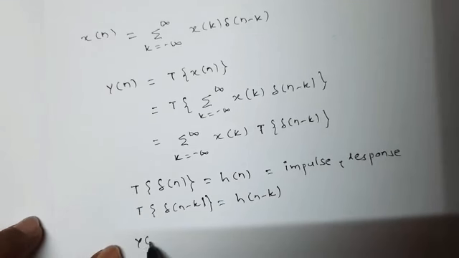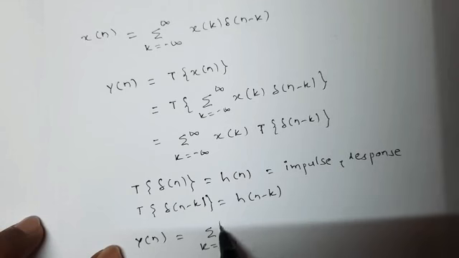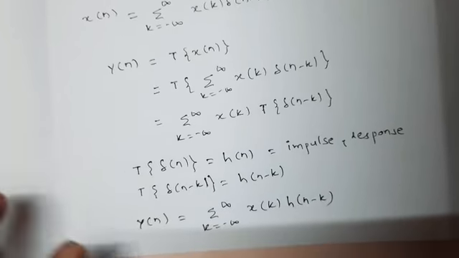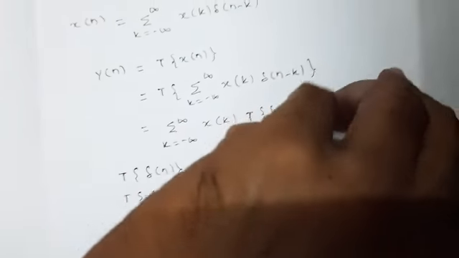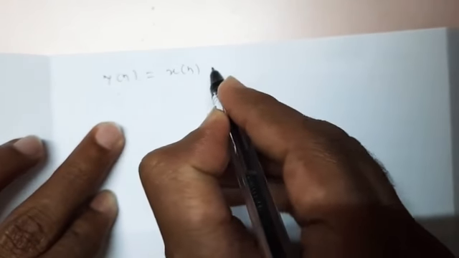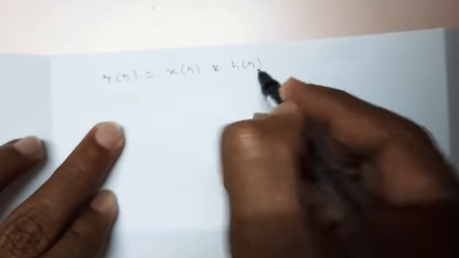So y of n can be written as summation k equal to minus infinity to plus infinity x of k T of del of n minus k, which is h of n minus k, which produces an important equation called convolution sum, represented as y of n is equal to x of n star h of n.